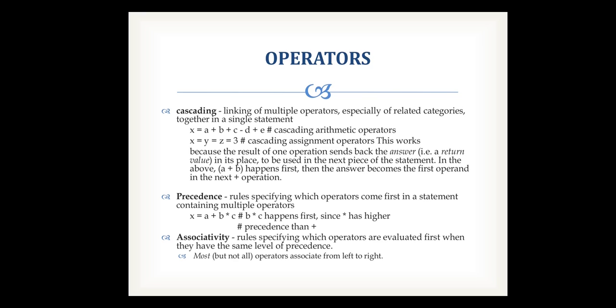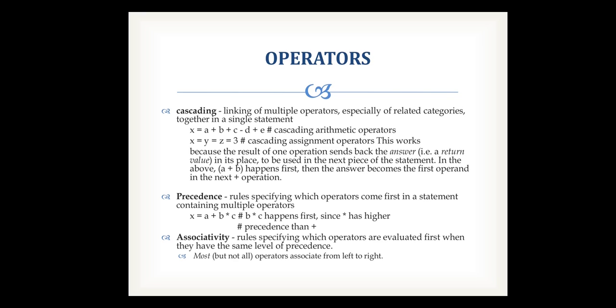Then x is equal to y is equal to z is equal to 3 is called cascading assignment operator. This works because the result of one operation sends back the answer, that is a return value, in its place to be used in the next piece of the statement. In the above, a plus b happens first, then the answer becomes the first operand in the next operation.